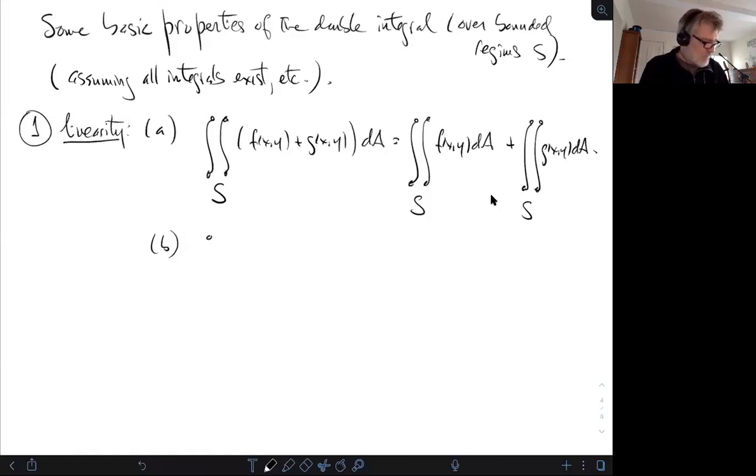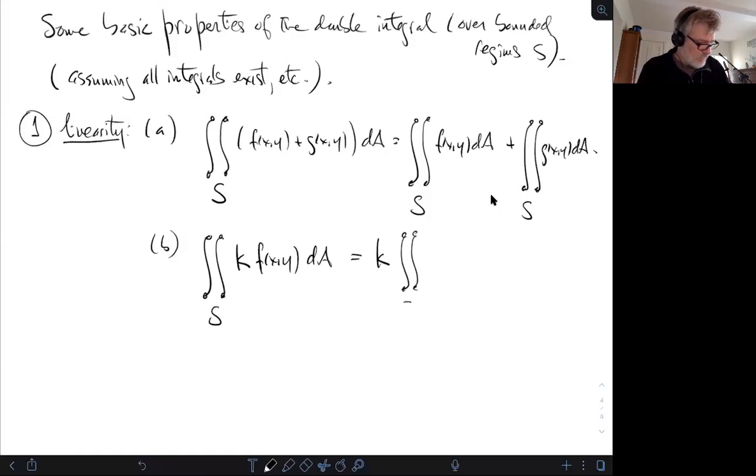So that's the second property, that the double integral of k times a function, you can factor out the constant. Okay, it has to be a constant, obviously. Okay, so that's our first property in two parts. So integral of a sum, sum of the integrals, integral of a constant multiple is the constant multiple of the integral. Okay, just like the integrals you saw in Cal 2.